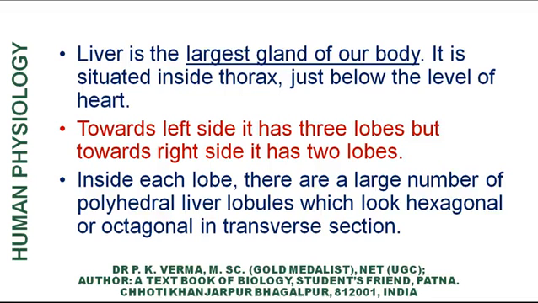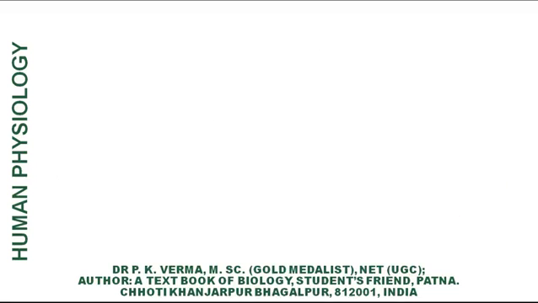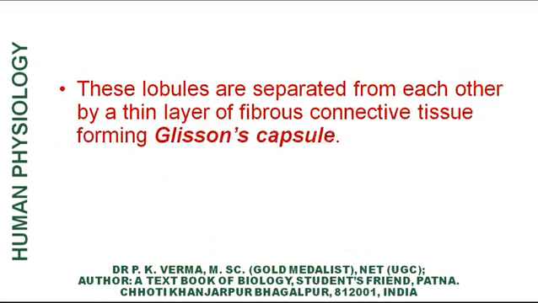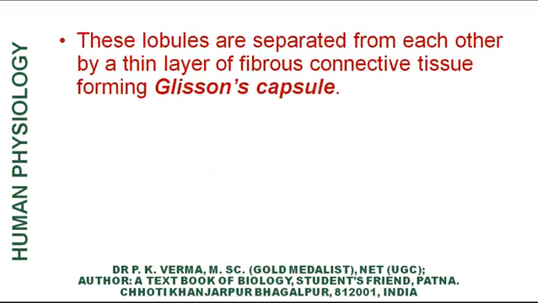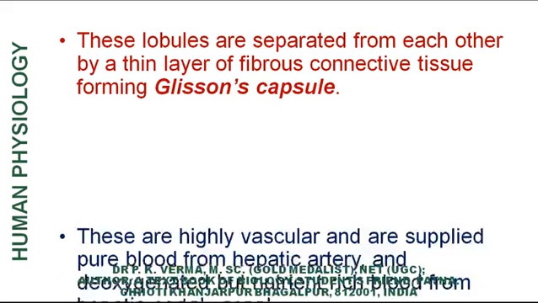Inside each lobe there are a large number of polyhedral liver lobules that look hexagonal or octagonal in transverse sections. These lobules are separated from each other by a thin layer of fibrous connective tissue forming Glisson's capsule.